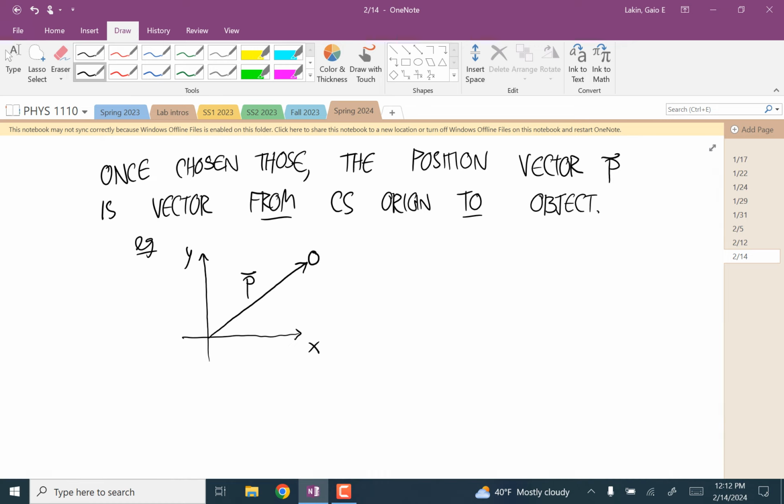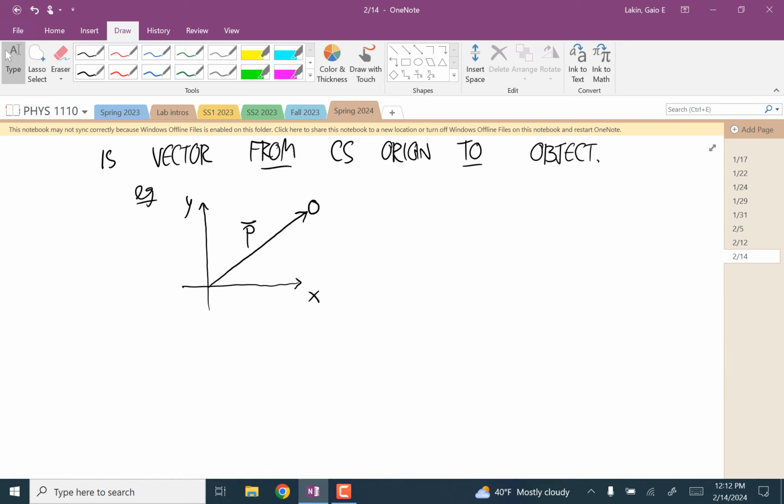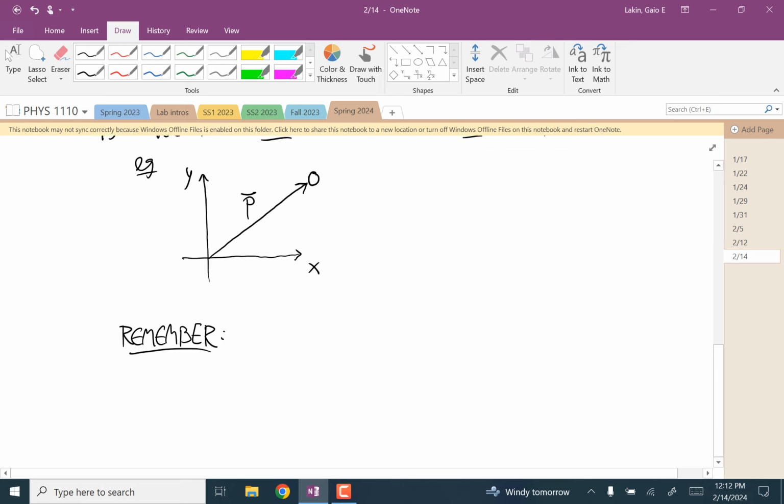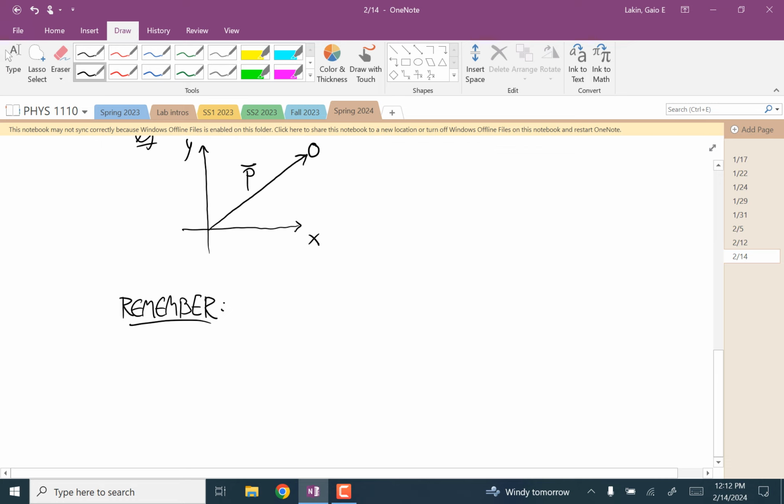And one thing that you should remember, because this makes it easier to visualize the position vector, is that the components of the position vector are just the coordinates of the object.